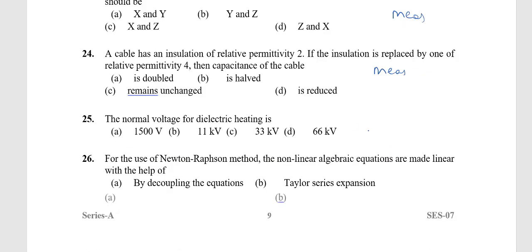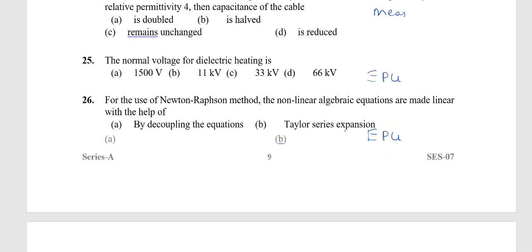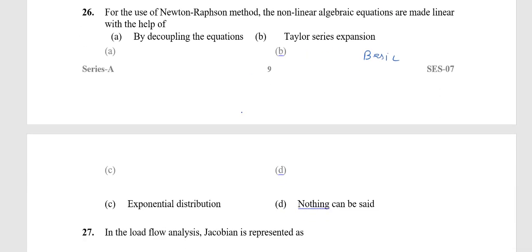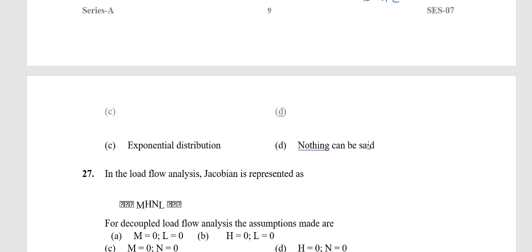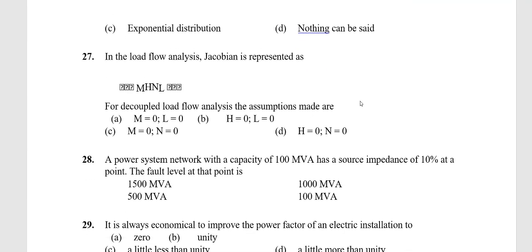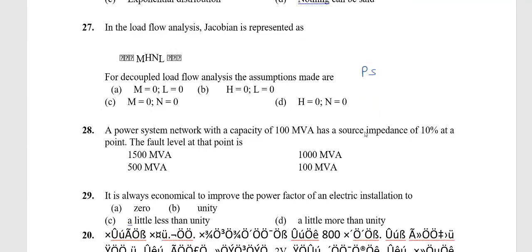The normal voltage for this one belongs to energy and power utilization. This is basic mathematics. You should know. For the use of Newton, the non-linear equations are made linear by using Taylor series expansion, decoupling, exponential. Nothing to be said. Power systems.